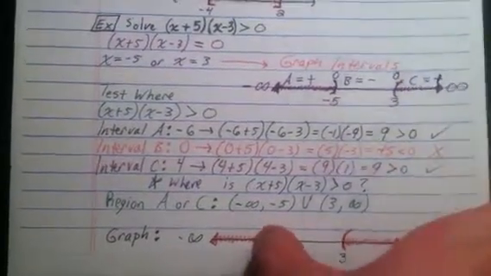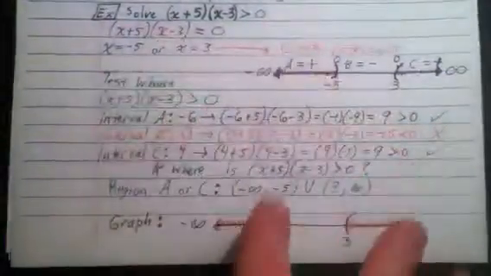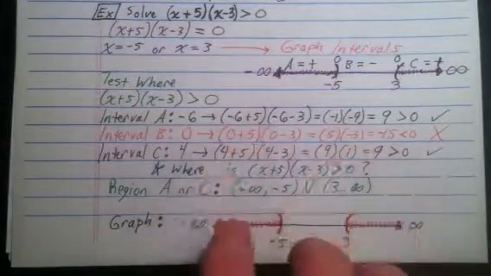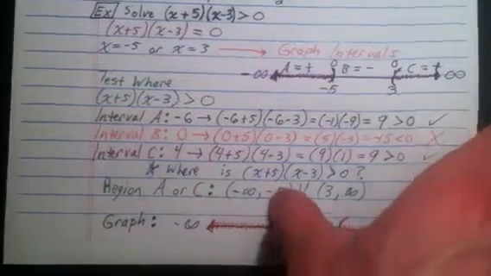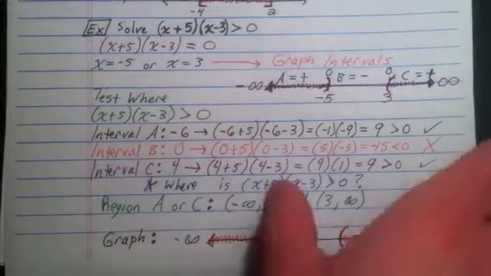Alright. Now using that inequality test, you could either do this method to find the answer to an inequality, or you could use the graphical method we did on the first page by graphing the parabola and seeing where it is above or below the x-axis. Now we're going to look at some special cases, and then actually a rational inequality.